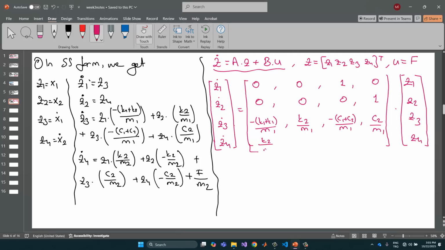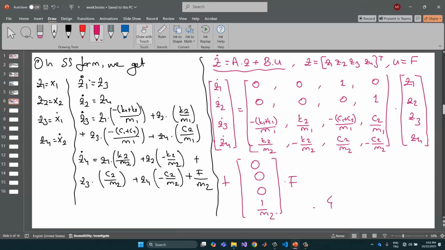K2 over M2, second, minus K2 over M2, yes, third, C2 over M2, last, minus C2 over M2, okay. Plus, we have also a fourth term in here: first one 0, second 0, third 0, last 1 over M2, yes. This is the state space representation.